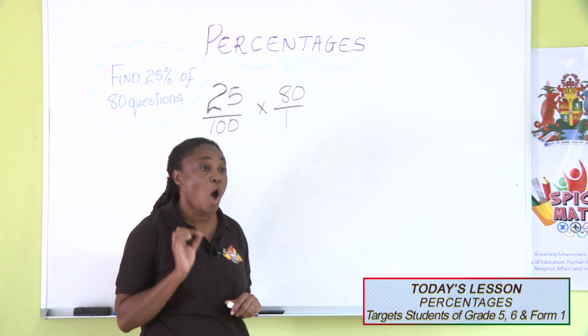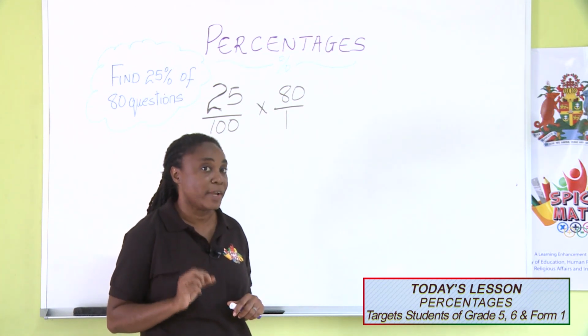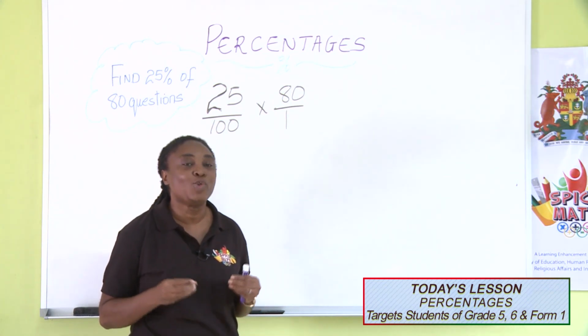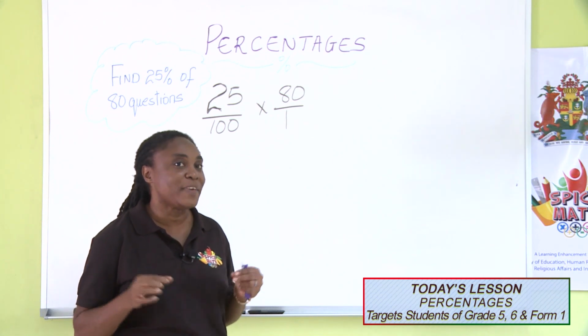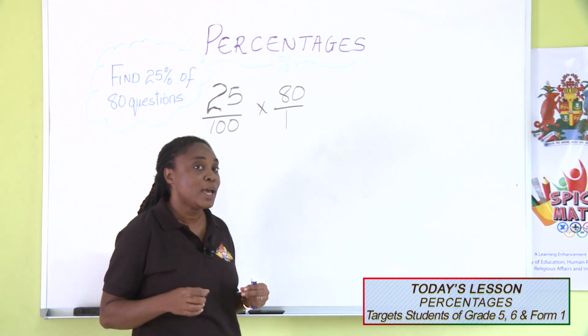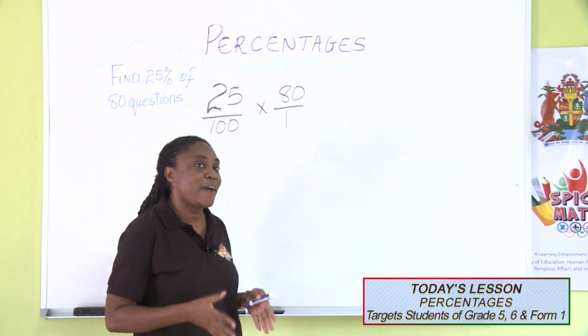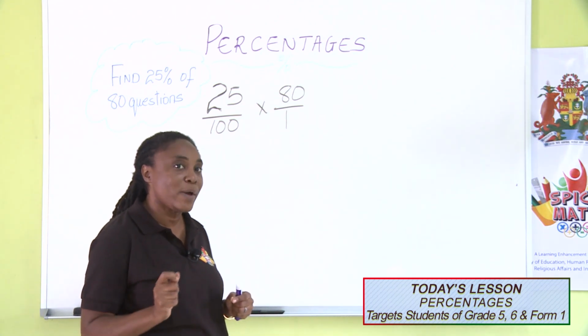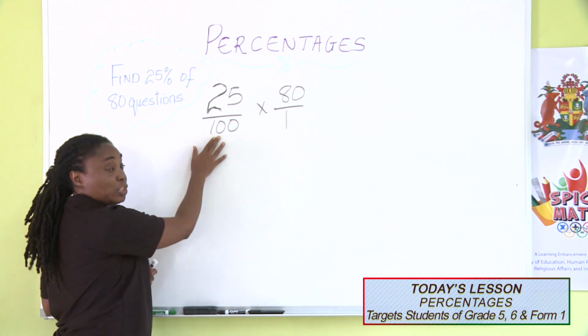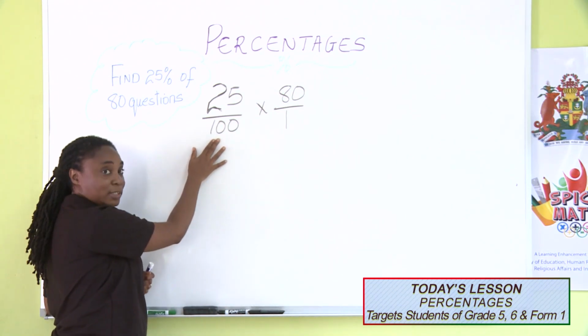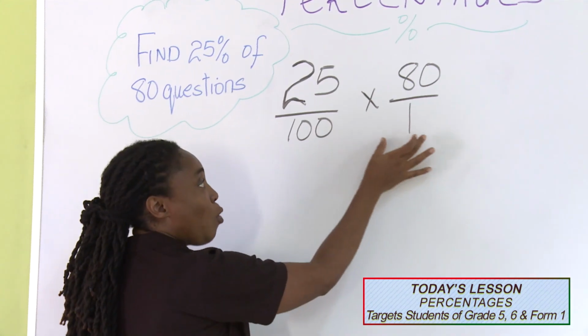The question asks how many questions were incorrect. So we know that he got 25% of 80 questions incorrect. So it's important now that we find out what is 25% of 80 questions. We change the 25% to a fraction. We multiply it by the quantity.